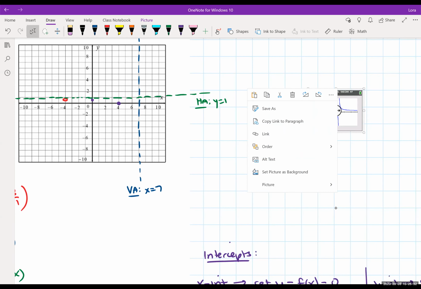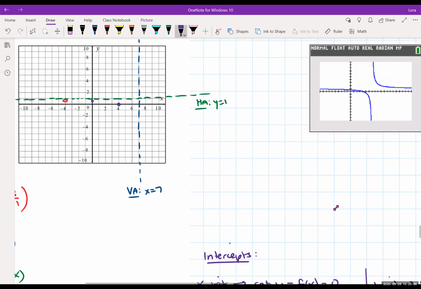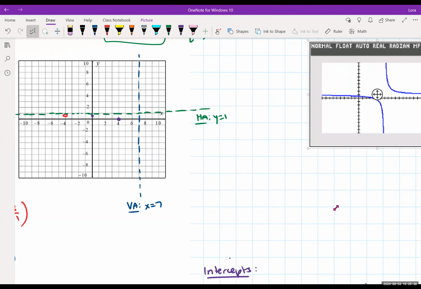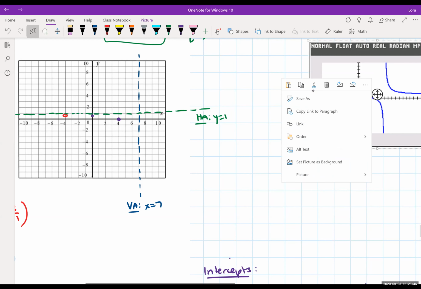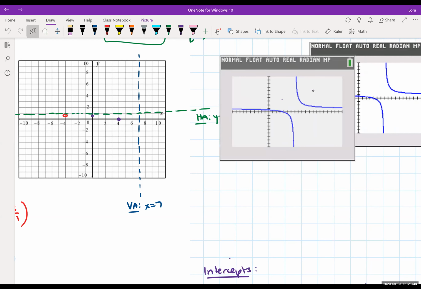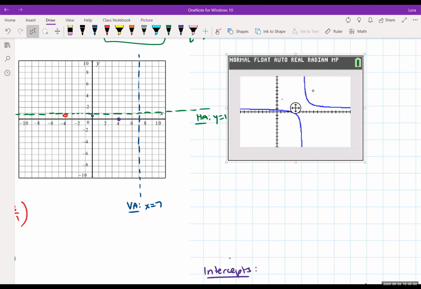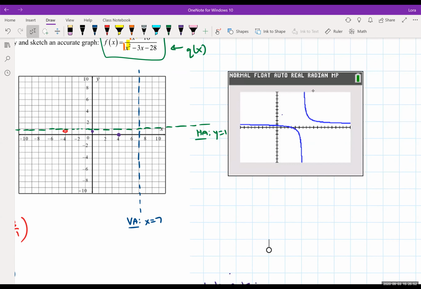Let's make it a little larger for ourselves. All right, see if I can move this a little. There we go. Okay. So you can kind of see, okay, it looks like our analyzing went well.